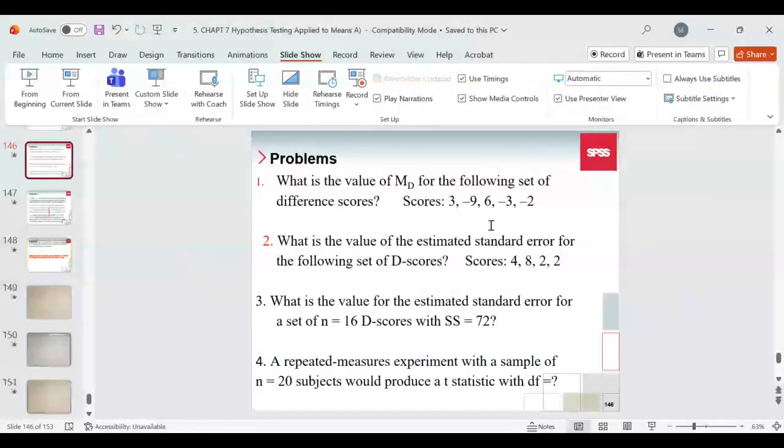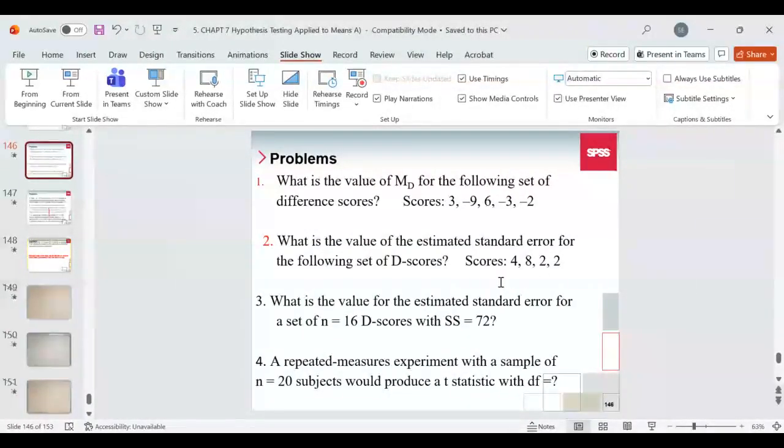You got 3 negative, that is -9, and -2 is -11, and 3, -14, and positive 9 would be -5. -5 divided by N, which is 5. So that would be -1. It's that simple.